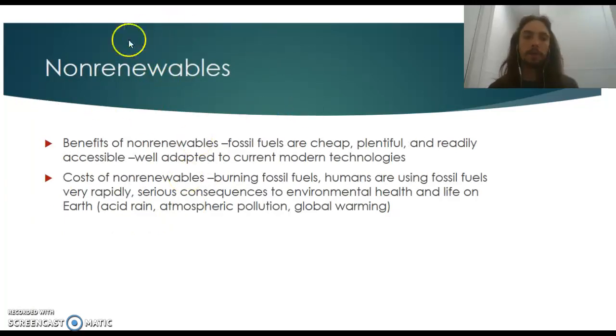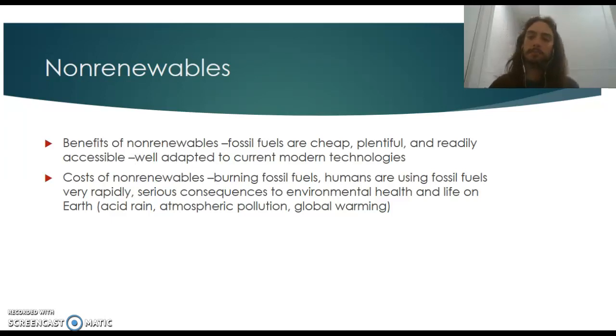So, what are non-renewables? They're just things that can't be renewed, like gas, oil, that type of stuff. Benefits of non-renewables are that fossil fuels are really, really cheap, they're plentiful, and they're readily accessible. So our current modern technologies are well adapted to use fossil fuels.